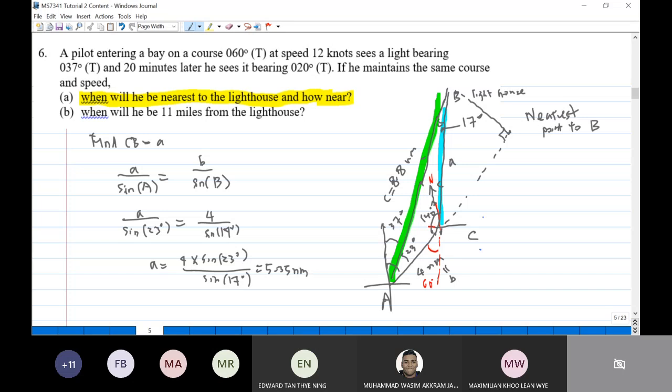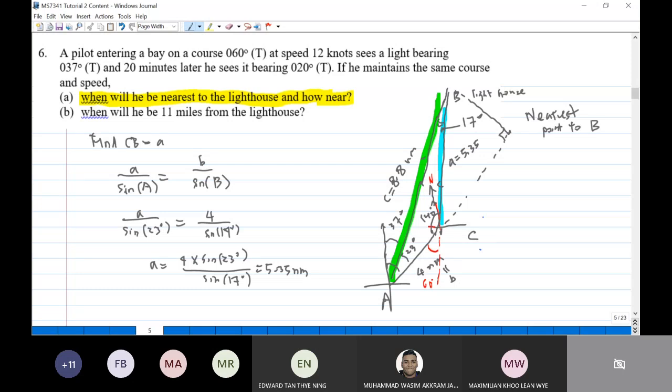So this is 5.35. Okay, so this is an important result before you can answer the question. Okay, now I can answer the question.